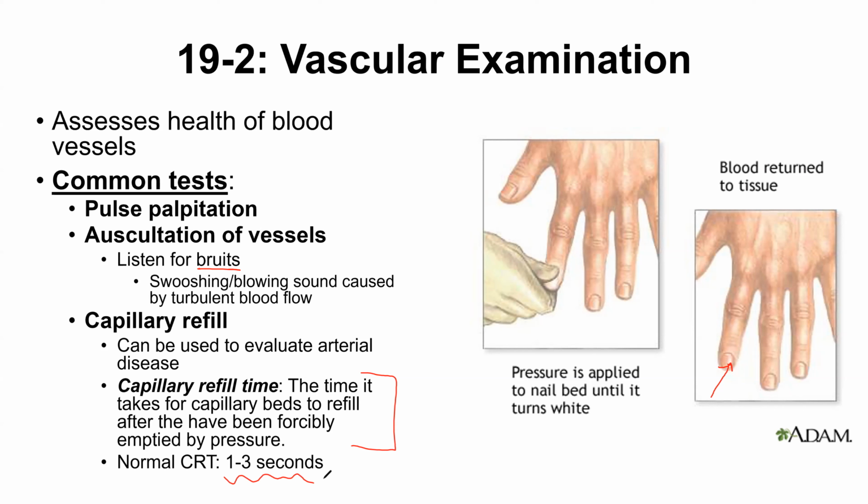And so if this takes longer than 1 to 3 seconds, then maybe as healthcare professionals, we can order some sort of test that will assess those blood vessels, maybe some sort of imaging or what have you, that can assess the blood vessels that are proximal to that capillary bed and see if there's a problem somewhere. Okay.